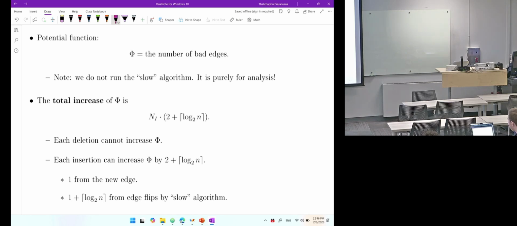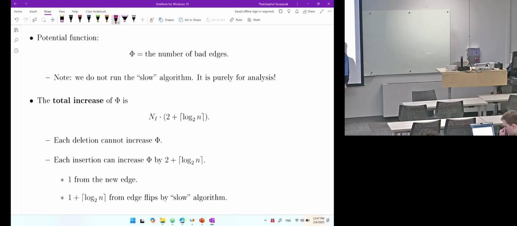How about insertion? When you insert, you might increase the number of bad edges by one, that's the inserted edge. But you know that the slow algorithm will flip log n edges. Each flip done by the slow algorithm might increase the number of bad edges. So how many such flips? It's log n plus 1.